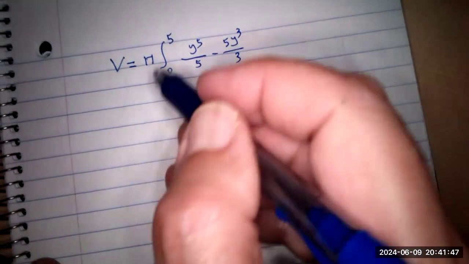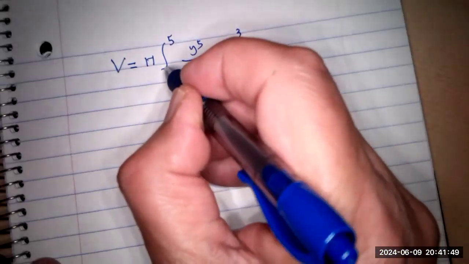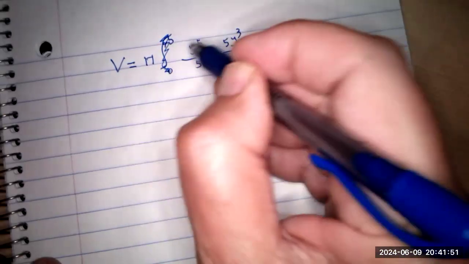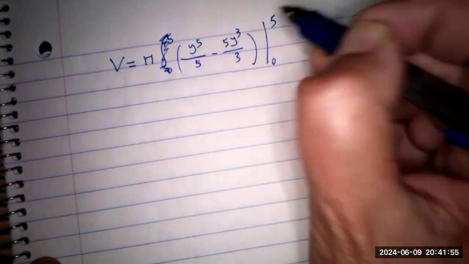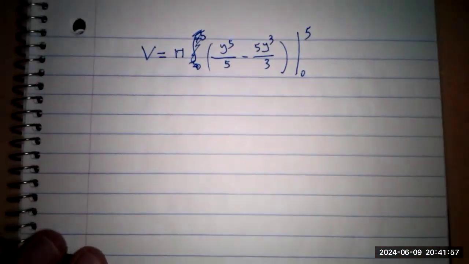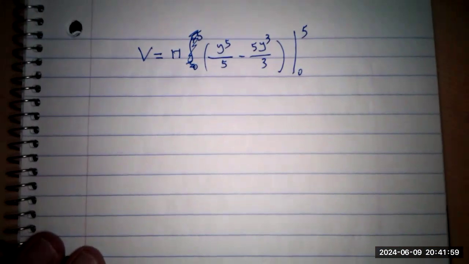I just missed this one, I don't need this. Sorry about that. That's going to be from 0 to 5. First, I want to rewrite it, but I integrate it. Now, carefully substitute to get the number.